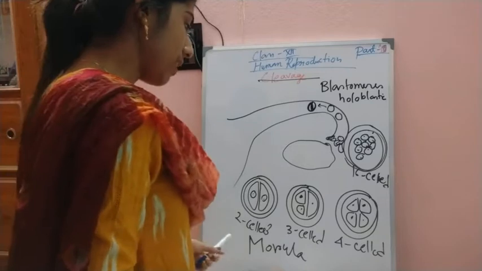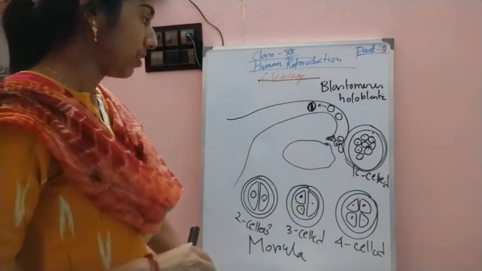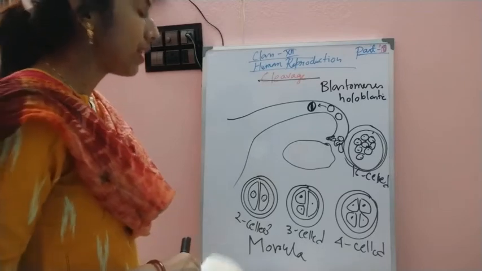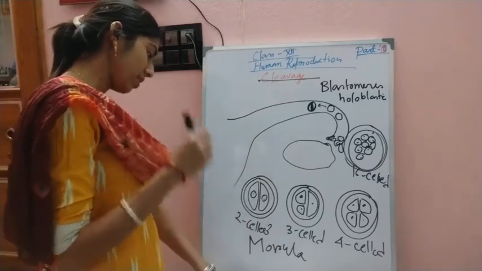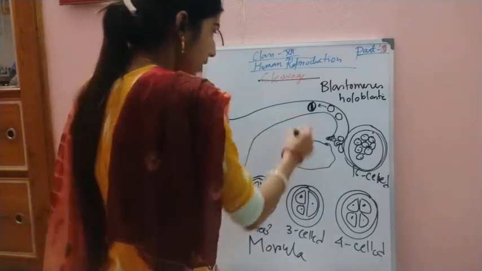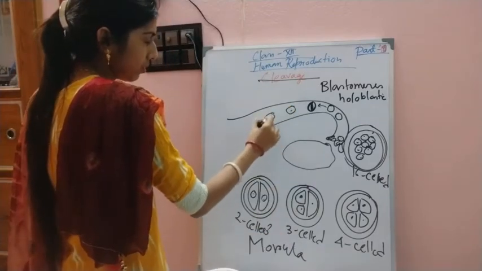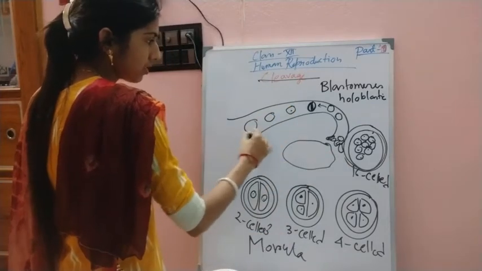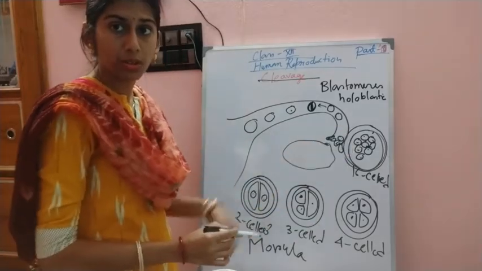What is that, and what is that? An outer layer will be there. That means the next stage is blastulation, or formation of blastula. Inside that part, the divisions are occurring. I have shown it outside of that part.